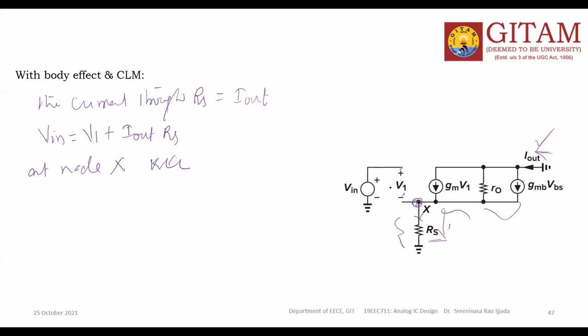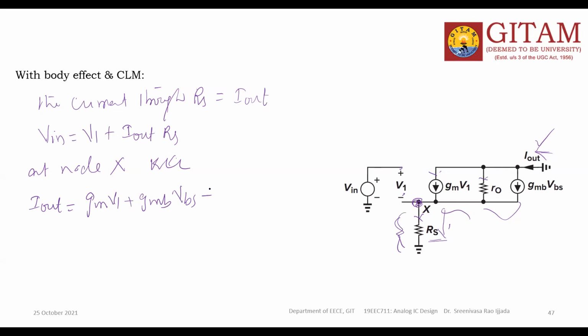So Iout is equal to gm into V1, and this current is gmb into VBS, and this current is, here the voltage drop is Vx equal to RS into Iout, divided by R0, but minus will be taken.